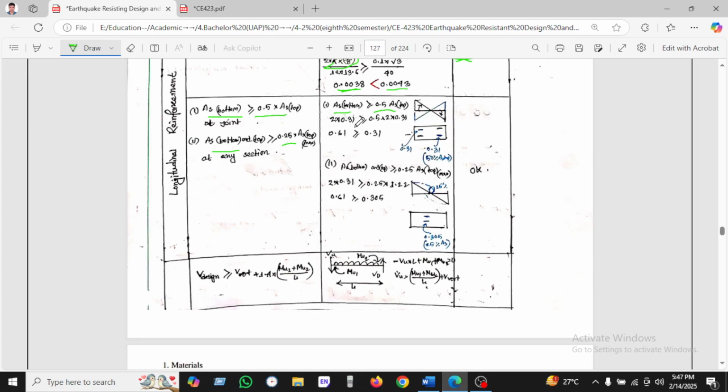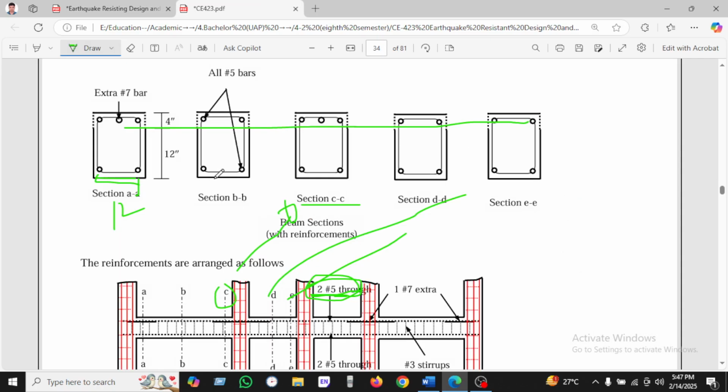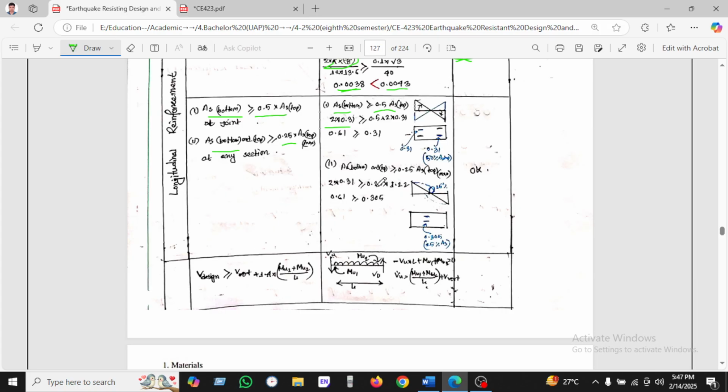For As bottom we have used 2 into number 5 bars, so 0.61 as the code prescribed. We have seen 2 into 0.31, which is 0.61, greater than this below.